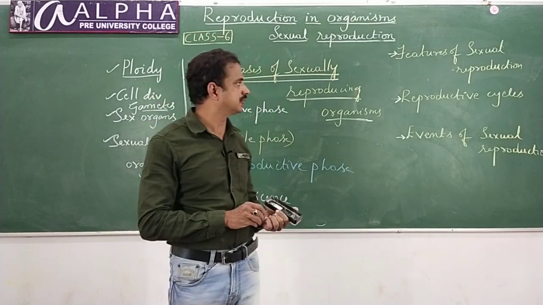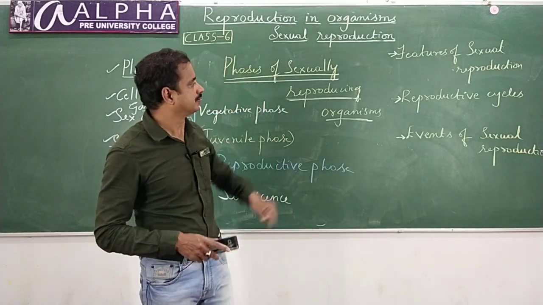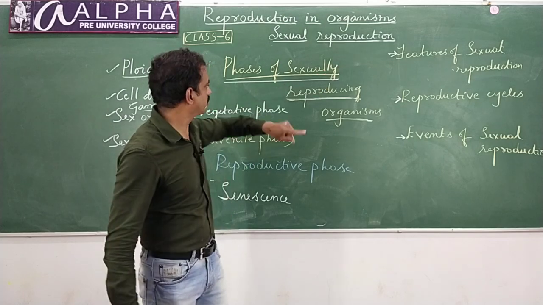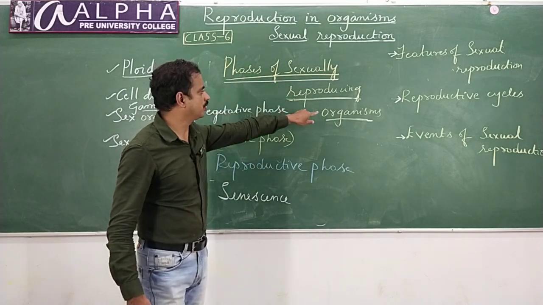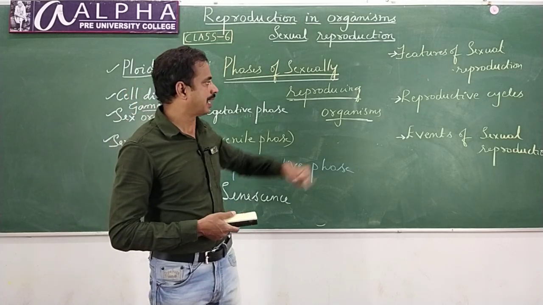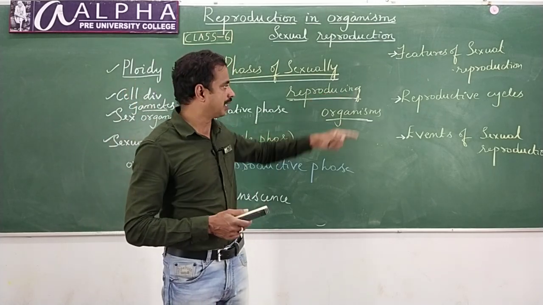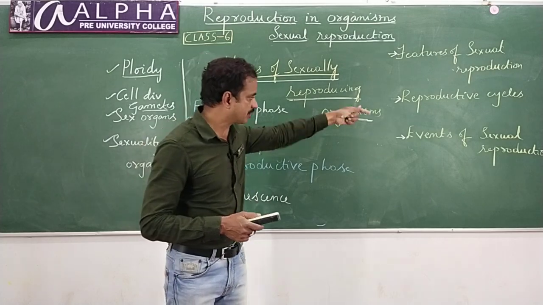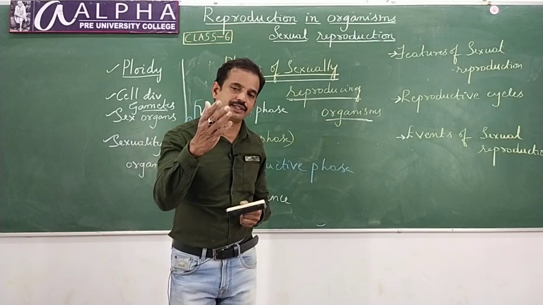Okay, students, in this class we have studied features of sexual reproduction, phases of sexually reproducing organisms. In my next class, I am going to take up the discussion of reproductive cycles, events of sexual reproduction and so on.